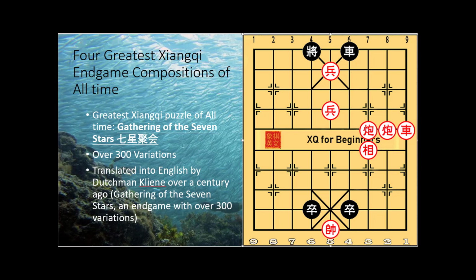Back in the early 20th century, there was a Dutchman called Klein, who was a friend of the late centenarian Xiangqi king, Xie Xiaxun. With Xie Xiaxun's help, Klein was able to write a book solely devoted to this endgame composition, and I believe the title was Gathering of the Seven Stars, an endgame with over 300 variations.